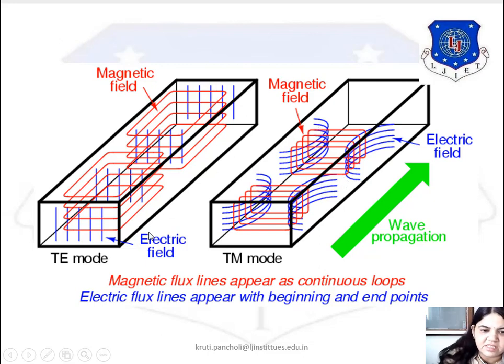So in the TE mode, the transverse electric mode, which component is absent? The EZ component is absent, and the HZ component is present. So you can see the diagram of this and the diagram of this.